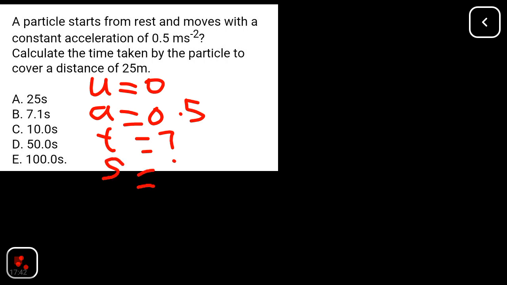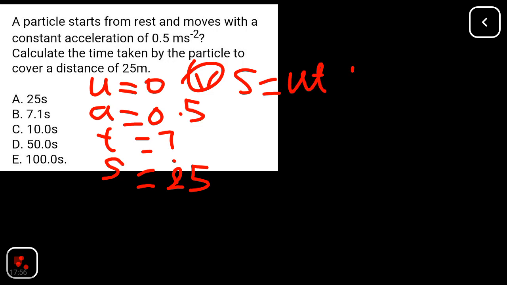So now instead of asking us to calculate the distance, they give us the distance and they're asking us to calculate the time, and we're still lacking v, so we're using that same equation: s equals ut plus half at squared.